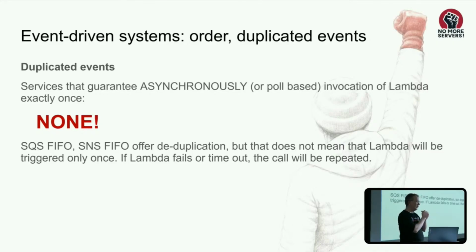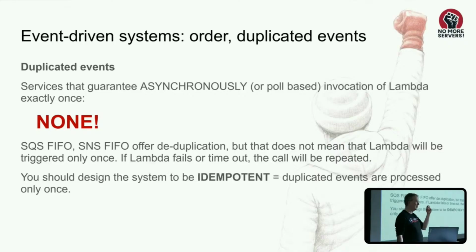But when SQS calls Lambda and Lambda times out, or there is a system error, and you never know if the message was processed or not, well, the call will be retried, and here is your duplicate. So what you should do is design your system to be idempotent, meaning you must take care yourself that duplicated messages are processed only once.